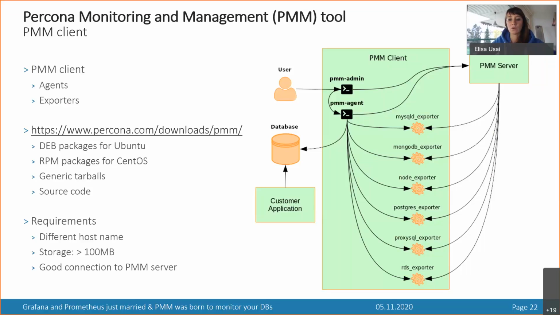The requirements are just to have a different host name, because PMM bases the recognition of the different hosts on host name, so you cannot have two clients with the same name. You need 100 mega for your client to be installed, and a good connection to the server.